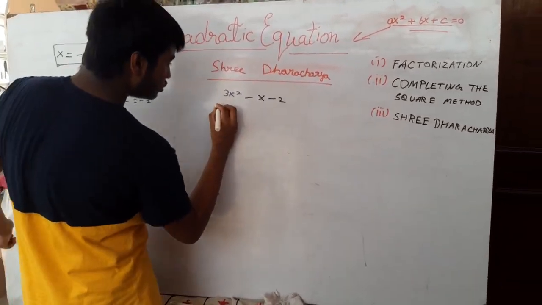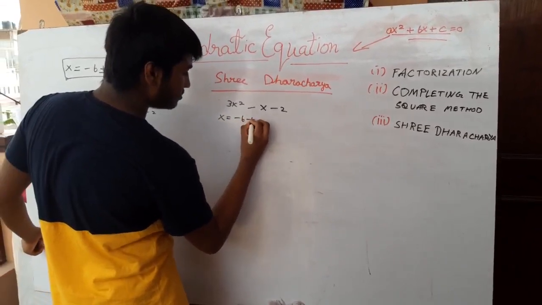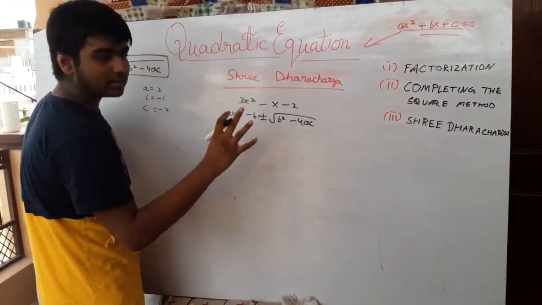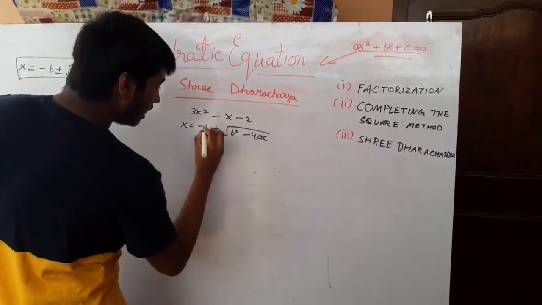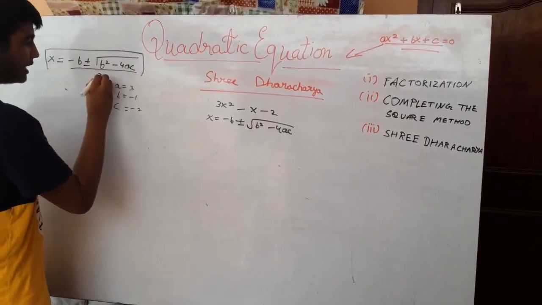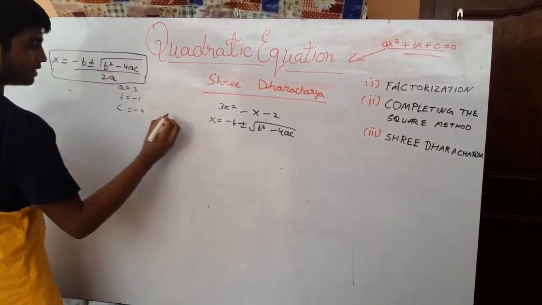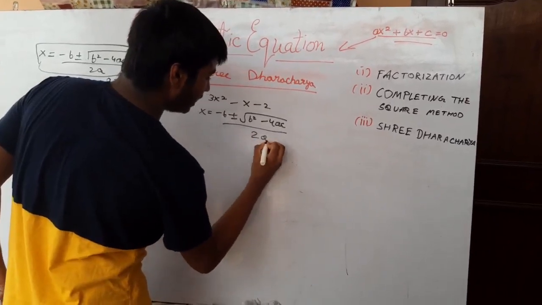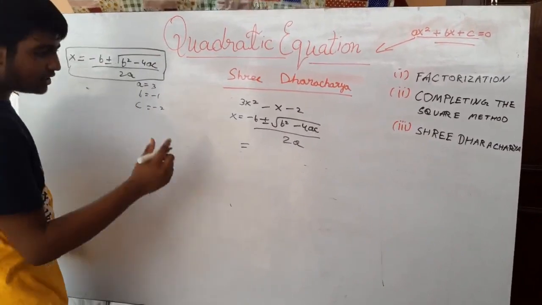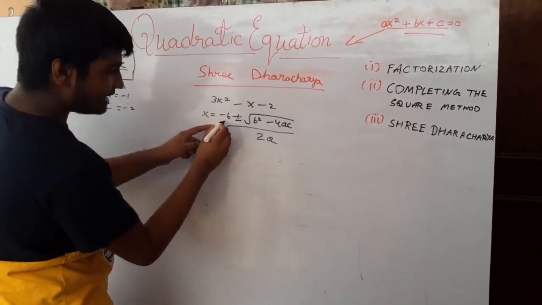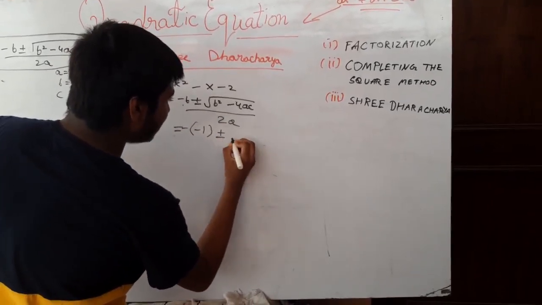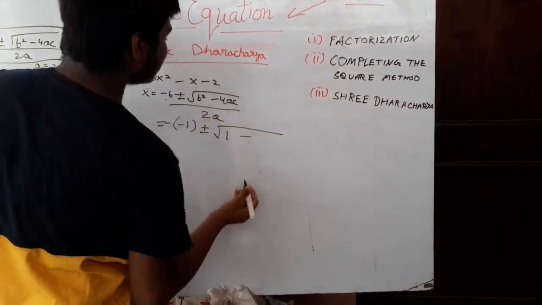Moving further, x is equal to minus B plus minus under root B square minus 4AC. We know this is the formula of the Shridharacharya method, and I forgot, it is divided by 2a. So we'll divide the whole by 2a. Minus b is minus 1. So minus 1 plus minus under root b square, so 1, minus 4ac.